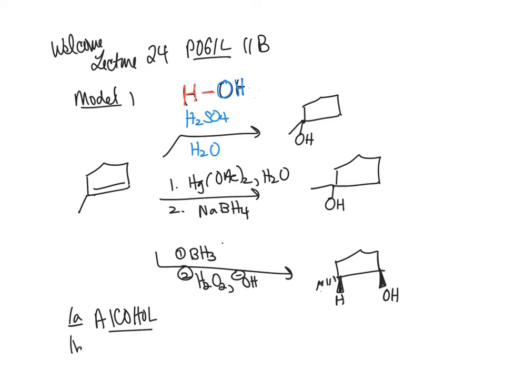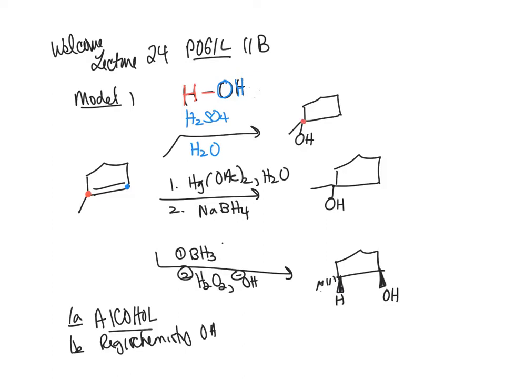Okay, 1B. Which reactions in model 1 afford products that have the same regiochemistry of addition? What does regiochemistry mean? It means that the OH is added to the same carbon of the carbon-carbon double bond. So you've got this carbon and this carbon here.